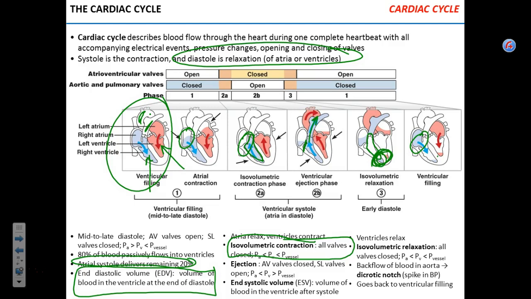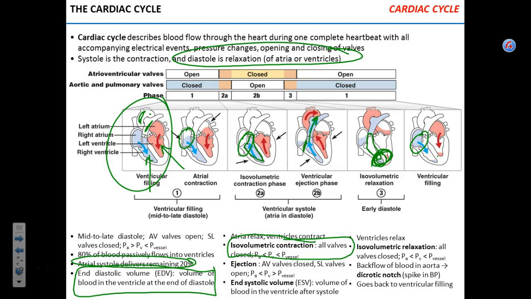And can you tell me how much blood is going to be pumped out of the heart with each contraction? I don't need numbers. How can you find out? Which two parameters will determine how much blood is going to be pumped out?